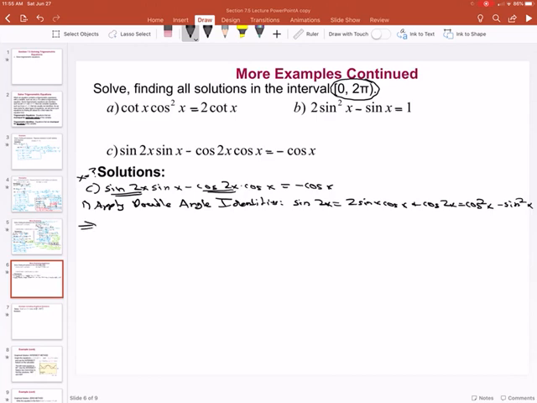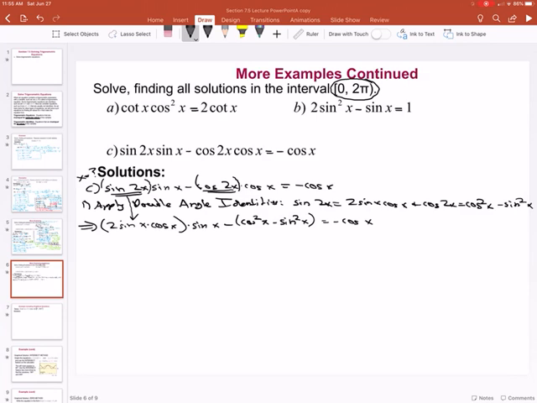We replace sine of 2x with what it equals, 2 sine x cosine x, times the sine of x, minus cosine 2x. Let's replace it with what it equals, cosine squared x minus sine squared x, equal to negative cosine x.